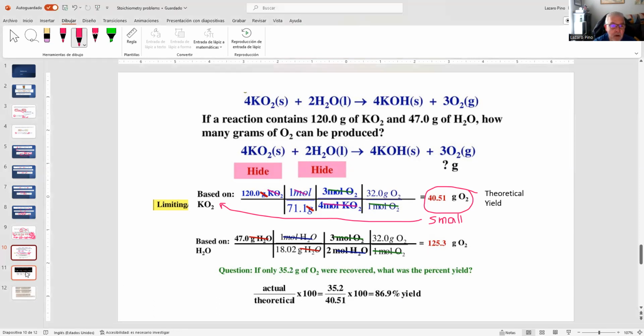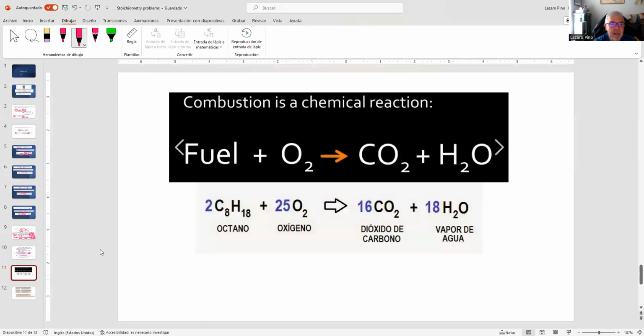Let's go to the following exercise. Well, in this case, the combustion reaction is when we have, for example, a fuel, and in the presence of oxygen it produces carbon dioxide and water.